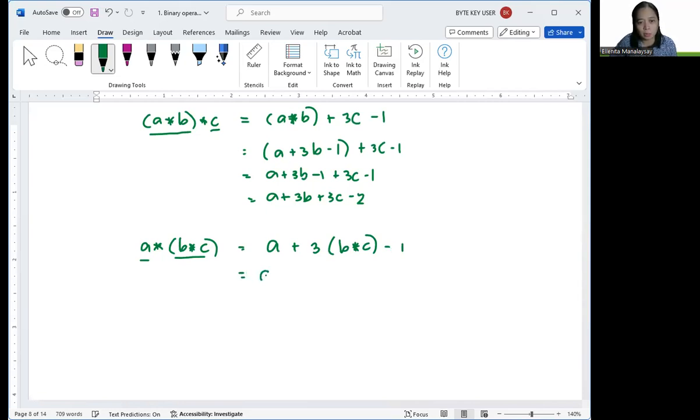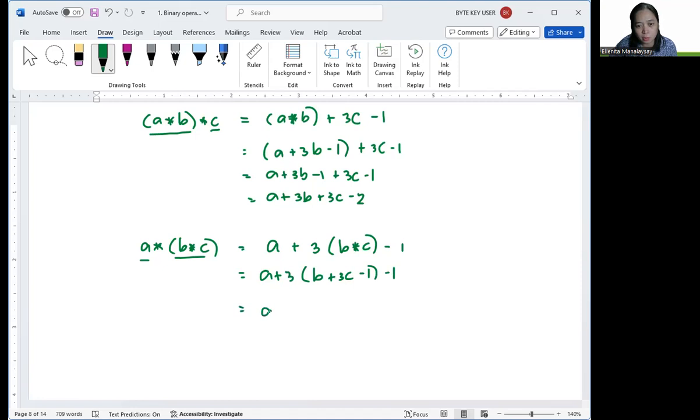So this is equal to A plus 3 times, let us perform the operation here using the definition of star: the first term plus 3 times the second term minus 1, and then minus 1.